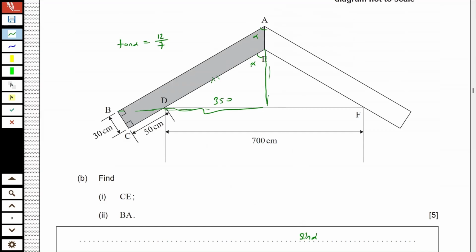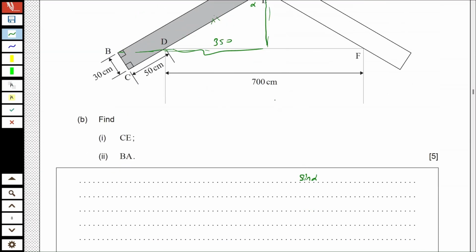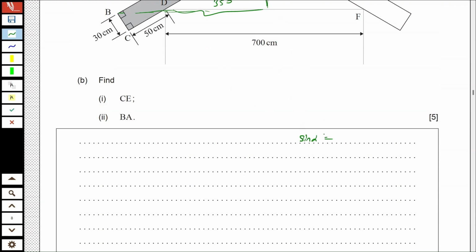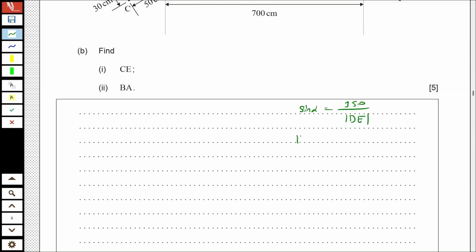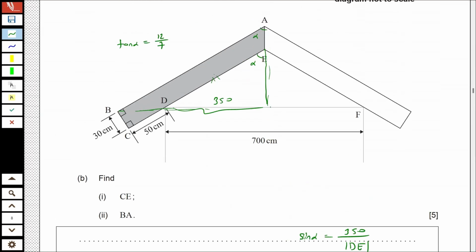So we can use sine alpha to find the DE, right? The sine alpha equals 350 divided by DE. In this case, DE will be 350 over sine alpha.